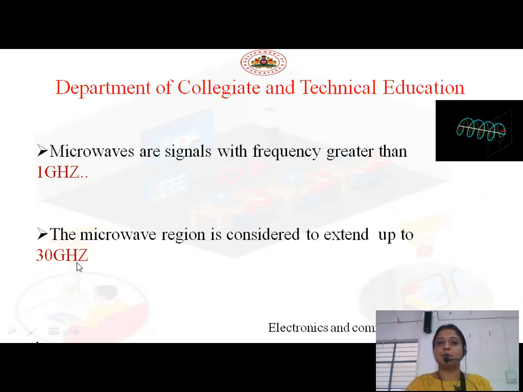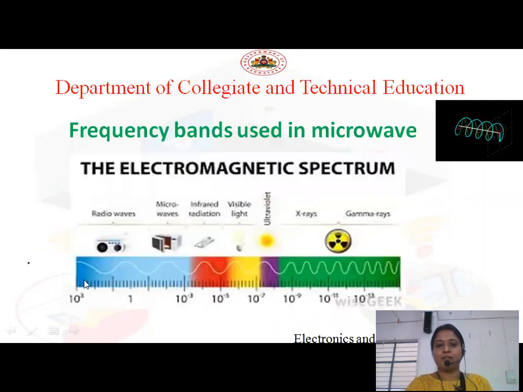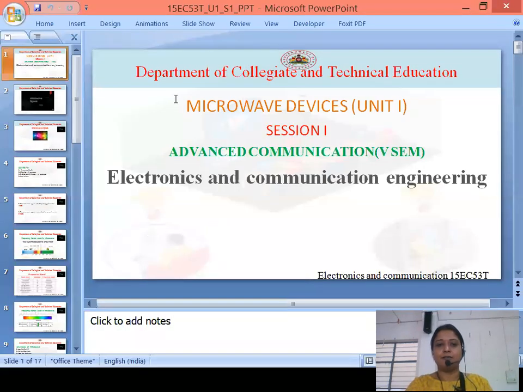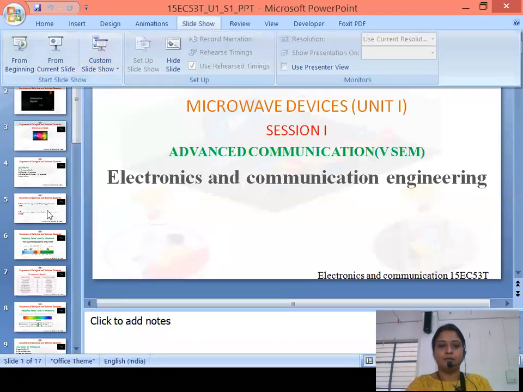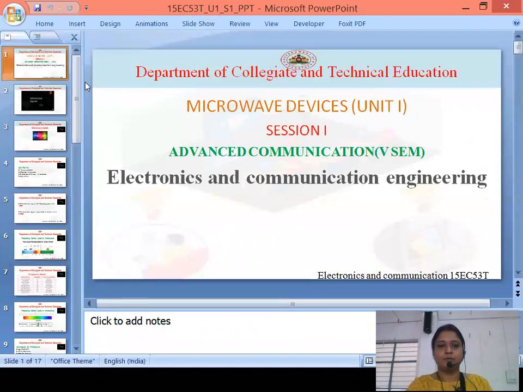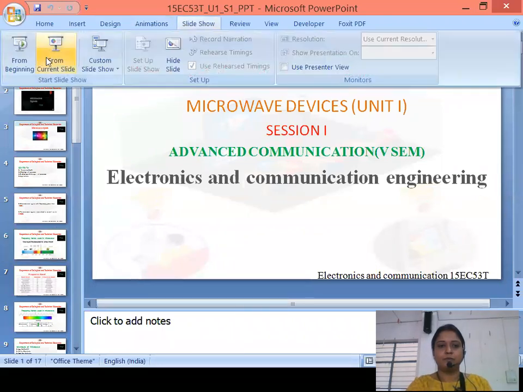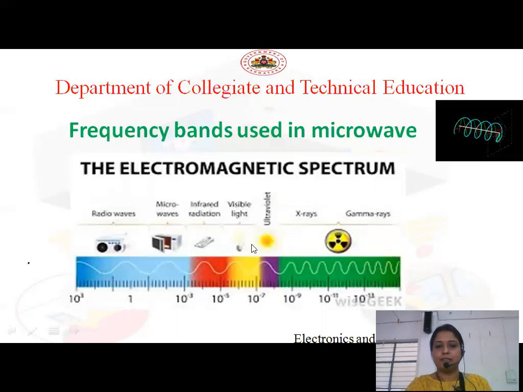Now, if you observe the frequency bands, these are the radio wave frequency range, these are the microwave, and these are the infrared, X-rays, and different bands here.